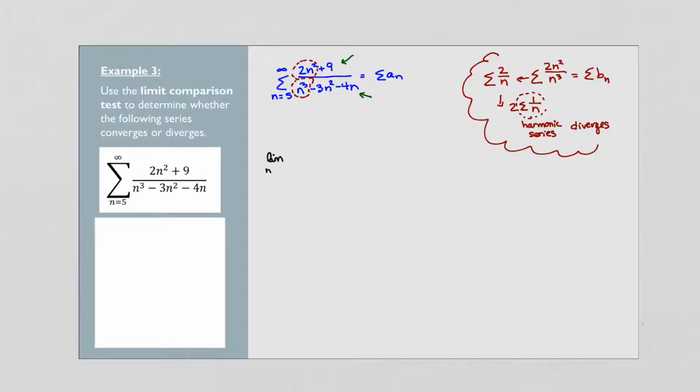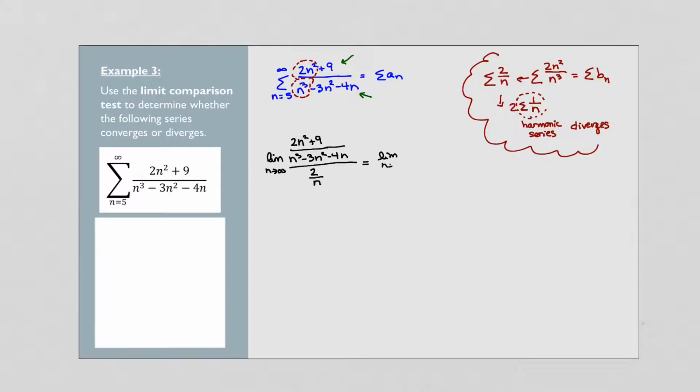So let's now take the limit of a sub n divided by b sub n. Applying the limit comparison test, I want to take the limit of a sub n, which is 2n squared plus 9, divided by n to the third minus 3n squared minus 4n, divided by b sub n, which I'm choosing to be 2 over n.